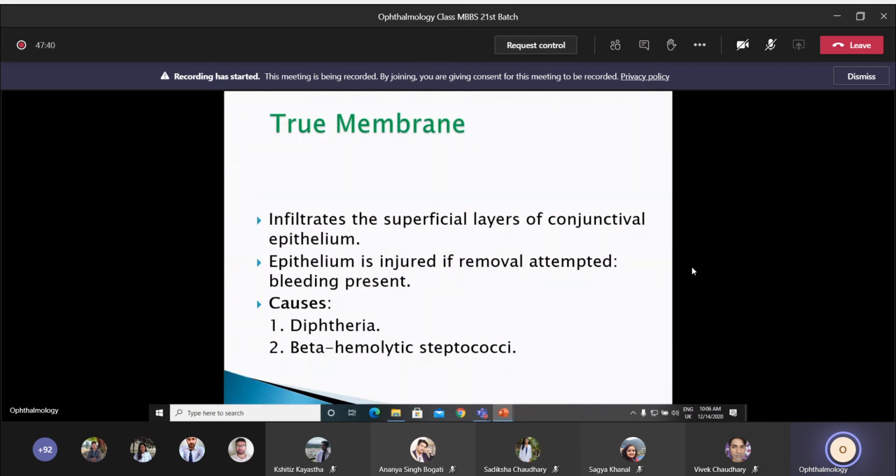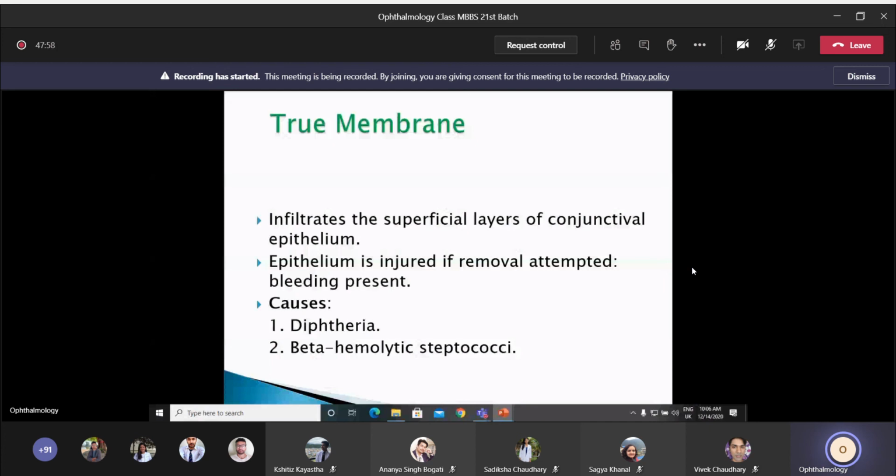So these are the main things that you see in the conjunctiva. We covered the anatomy and physiology. In anatomy, you have to know the various parts of the conjunctiva; in physiology, the functions.